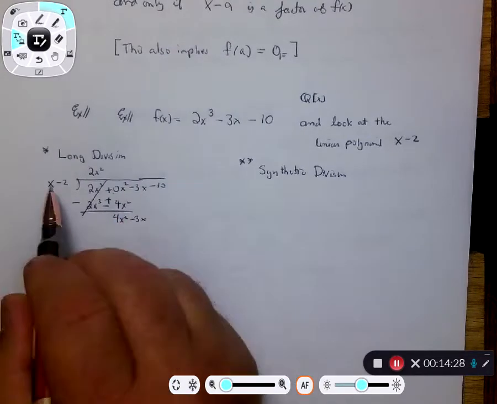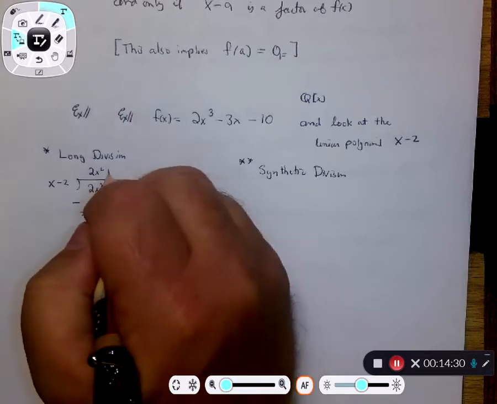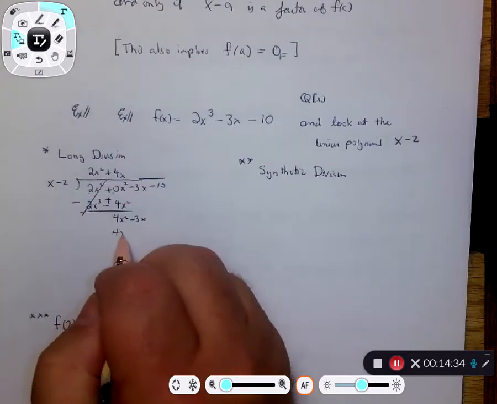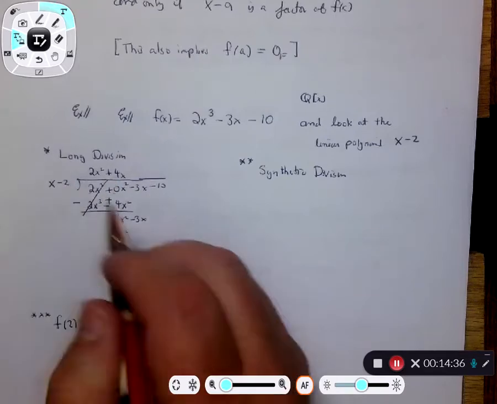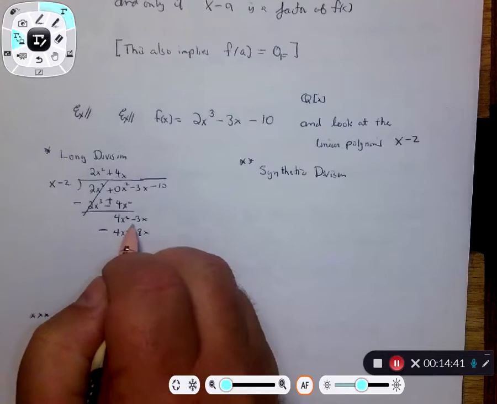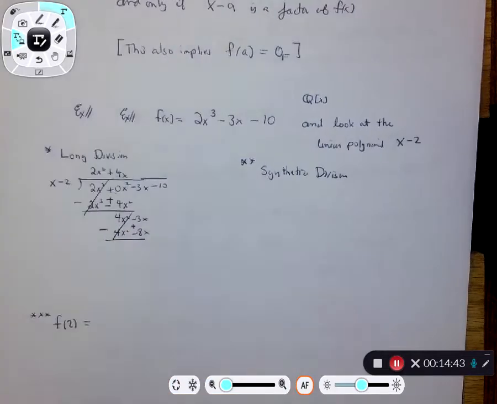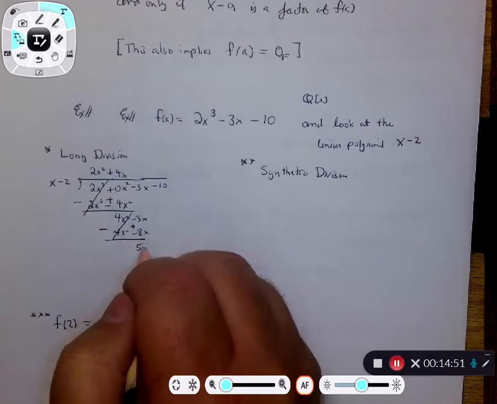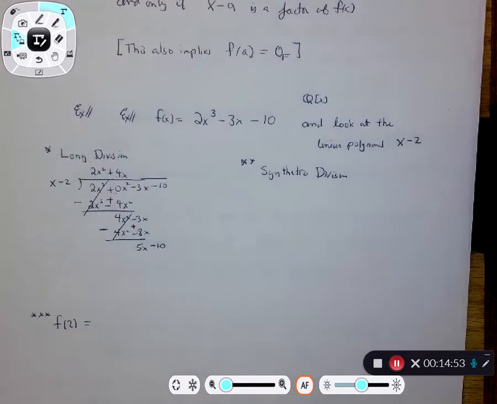Minus 3x. What times x is 4x squared? That would be plus 4x. 4x times x is 4x squared. 4x times minus 2 would be minus 8x. Subtract, which changes your signs. First term once again cancels. And minus 3x plus 8x is a positive 5x. Bring down your next victim, minus 10.